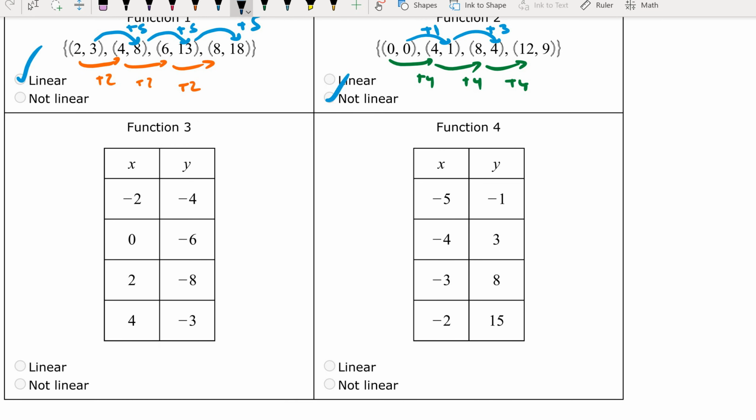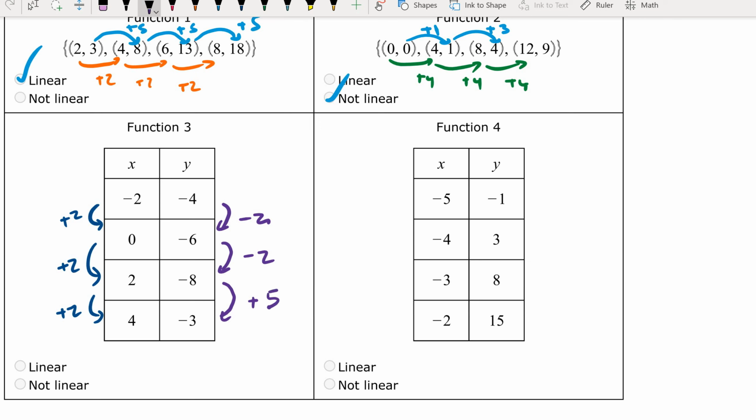Number 3, negative 2 to 0 increasing by 2, 0 to 2 increasing by 2, 2 to 4 increasing by 2. It looks good on x. Negative 4 to negative 6 is decreasing by 2. Negative 6 to negative 8 decreasing by 2. But then negative 8 to negative 3 is increasing by 5.